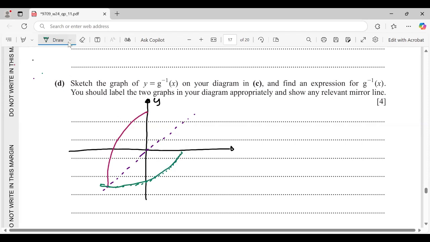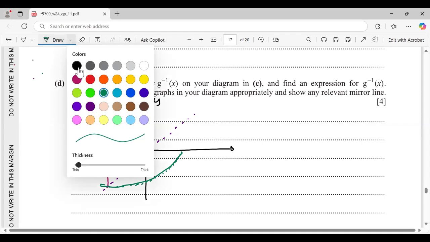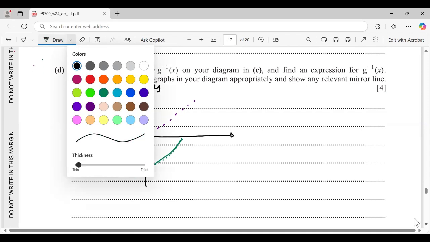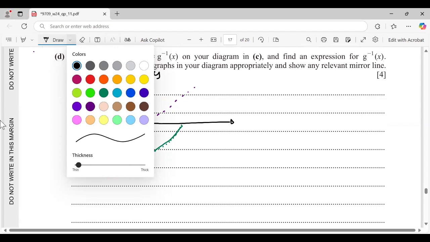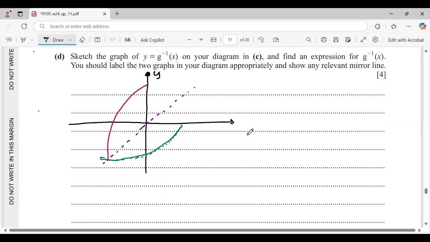We're going to find the inverse of g(x). Right, so g(x) equals minus 2x squared plus 6x plus 3. I would like to write it as y equals minus 2x squared plus 6x plus 3.